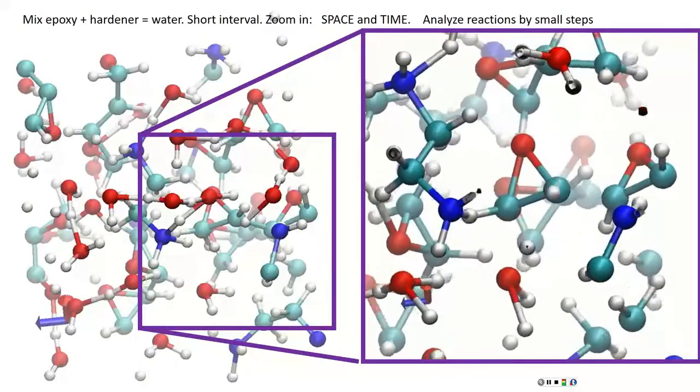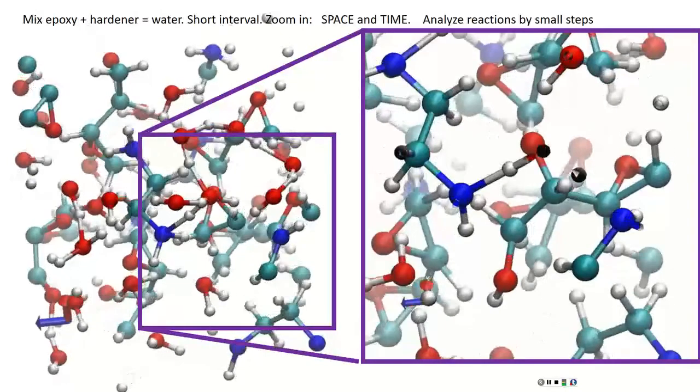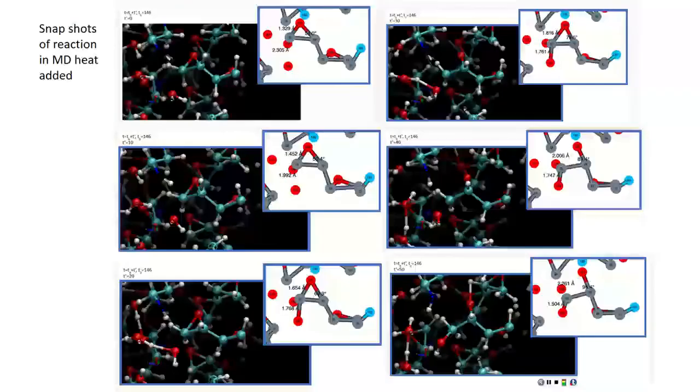Okay, so going forward, now we see both. All right, so this gives us a nice snapshot of the MD and heat. I just showed every 10 time steps, I guess you could say.